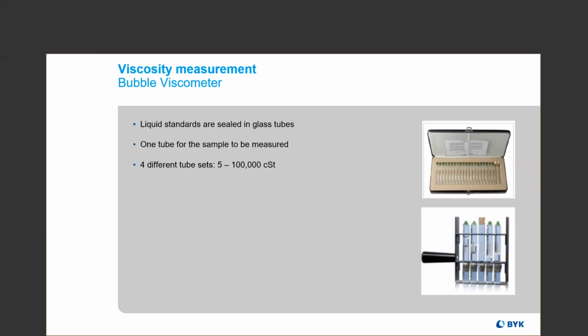There are 4 different tube sets with the standards having viscosities ranging from 5 up to 100,000 centistokes. So we're in centistokes, which again is kinematic viscosity. So again, we're dealing with measuring viscosity through the flow of the liquid. The density does come into account, and so we're measuring the kinematic viscosity.